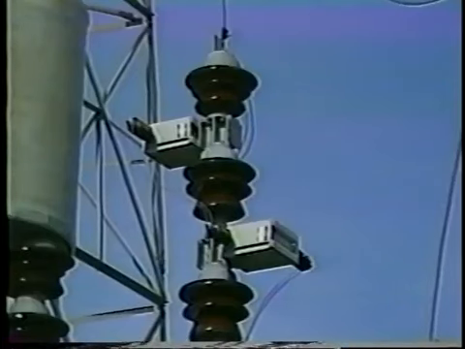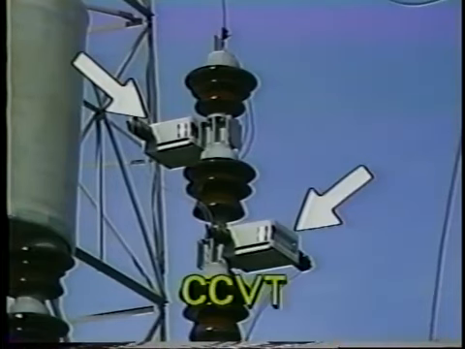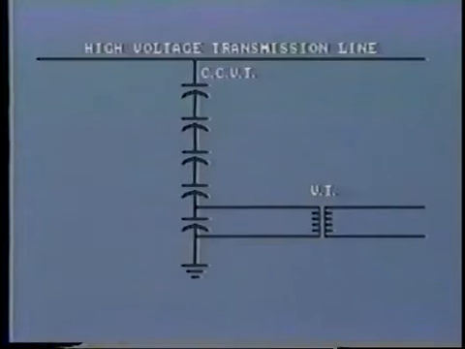At higher voltage, say 115 kilovolts and up, instead of connecting the primary across the power system, a coupling capacitor is often used. This is commonly called a CCVT. The string of capacitors is connected line to ground, and the VT primary is connected across one section.